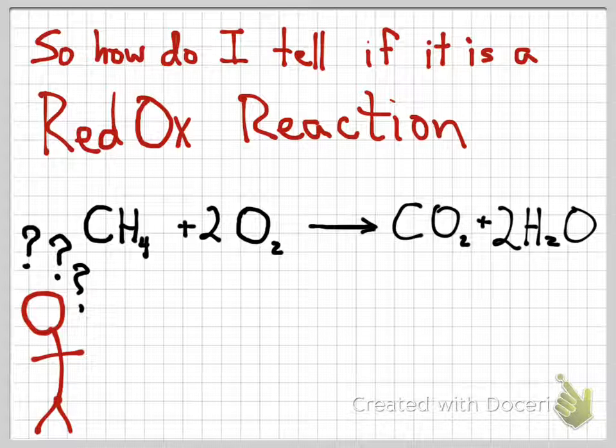So how do I tell if a reaction that I have is a reduction-oxidation reaction? Well, I write out the equation for the reaction, and then I write down oxidation states of every element in every compound.